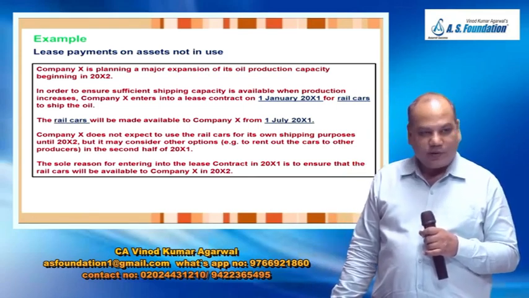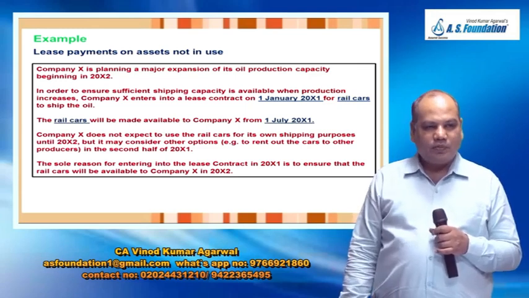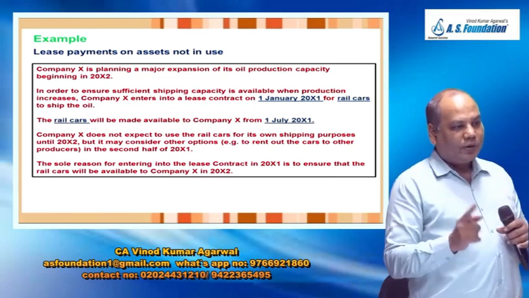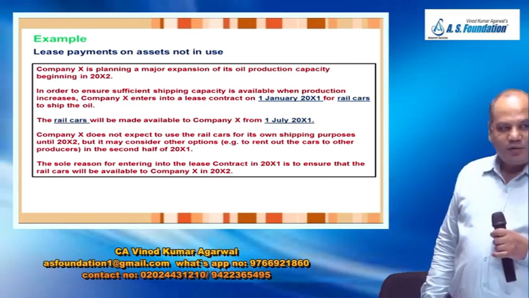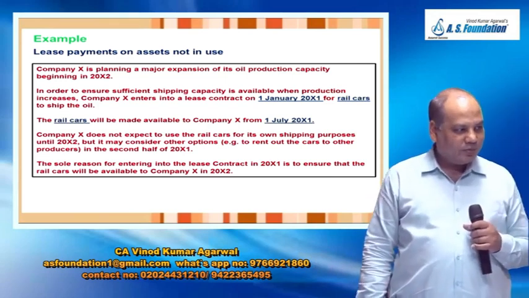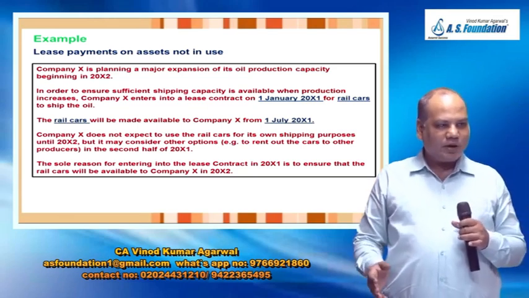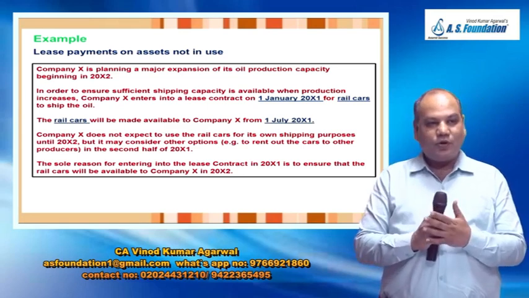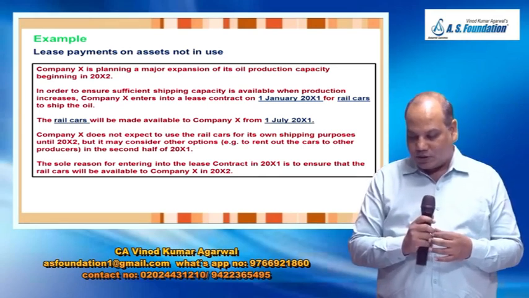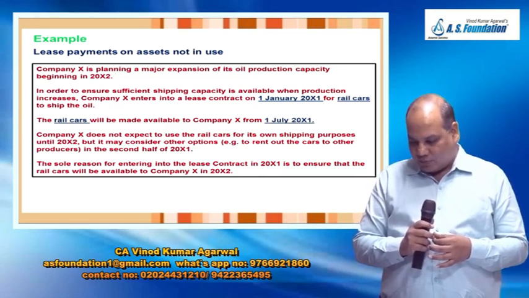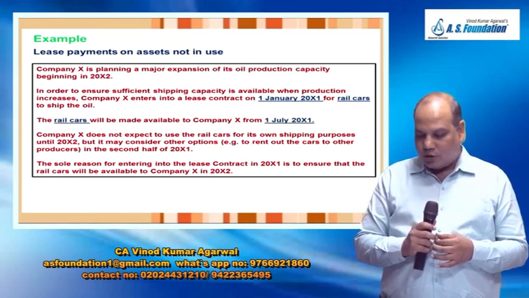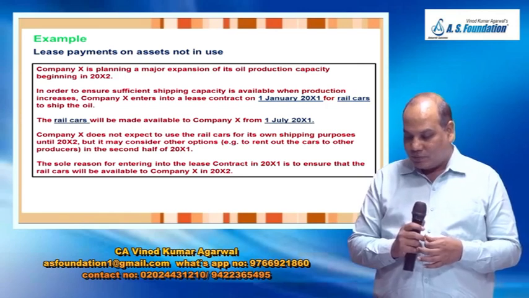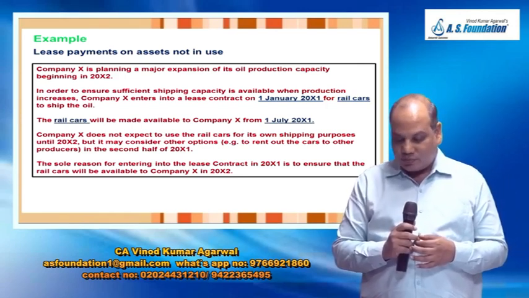Now we'll take one example. In this example, we have to identify what is the inception date and what is the commencement date. You can easily guess that. Company X is planning a major expansion of its oil production capacity beginning in 20x2 in order to ensure sufficient shipping capacity is available when production increases.